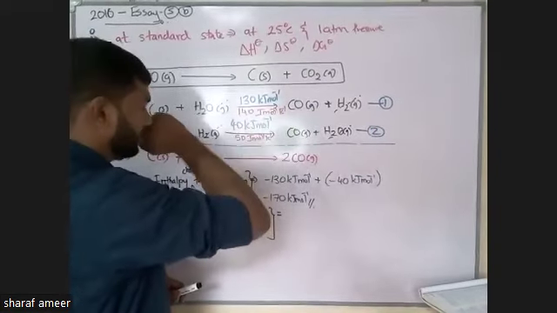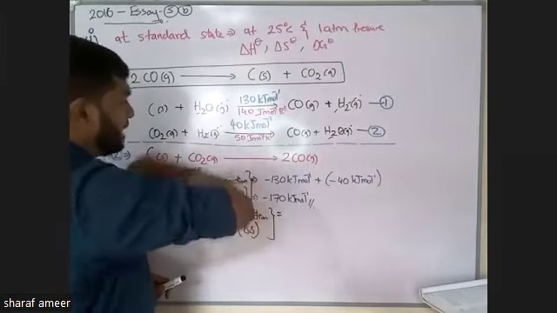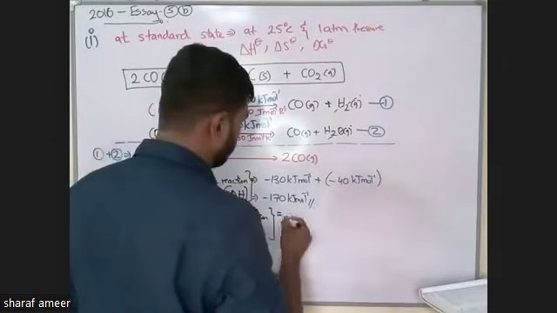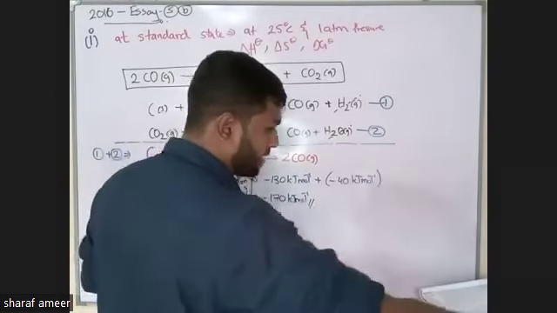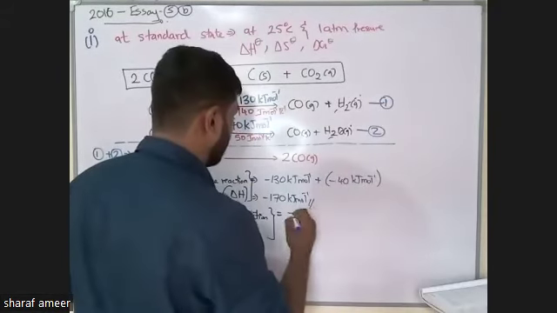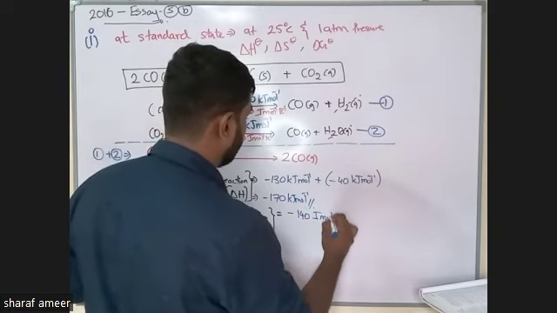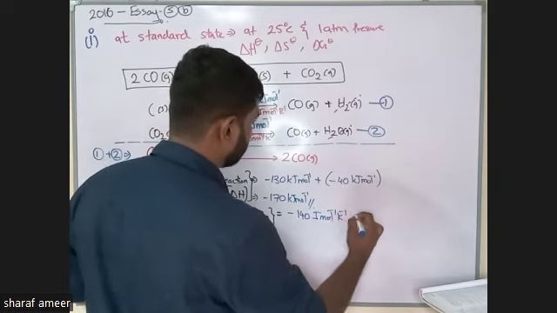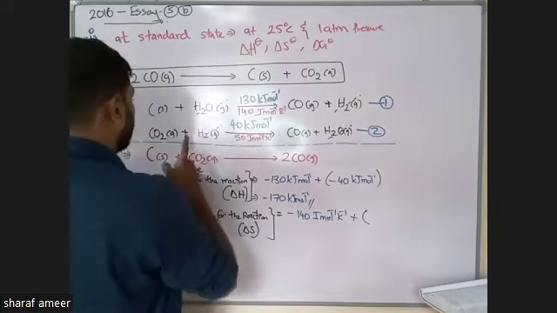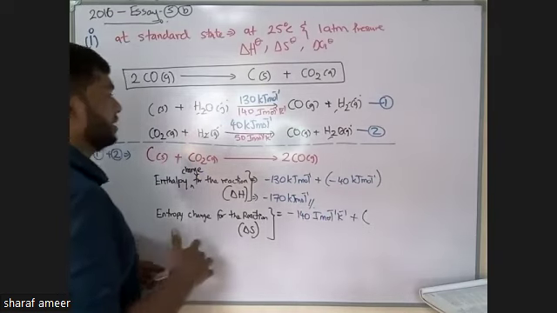So therefore plus 140. Now we are going to reverse it, so therefore it will be negative 140 joules per mole per Kelvin. Now here you cannot see why there is an entropy change.